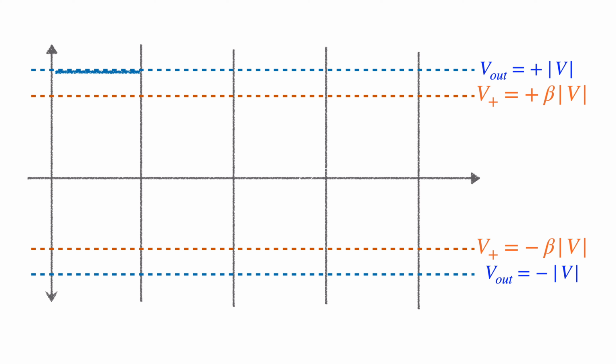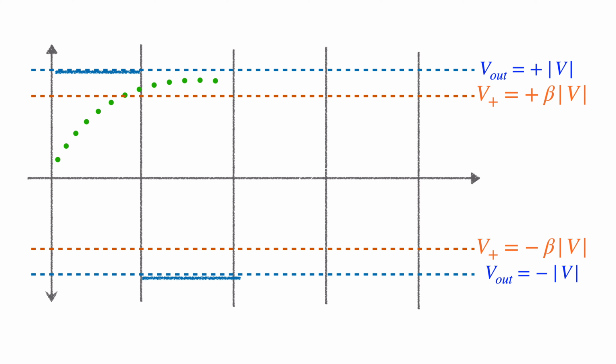The potential at the ends of the capacitor will be exponentially increasing, and it should reach the maximum voltage, that is V out equals plus mod V, but it will never reach that. As soon as the voltage becomes higher than at the non-inverting terminal, the output voltage changes its sign.